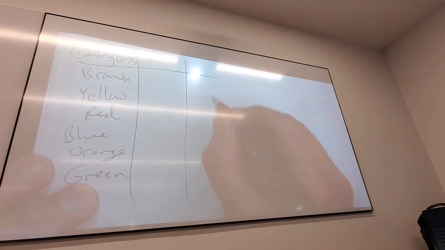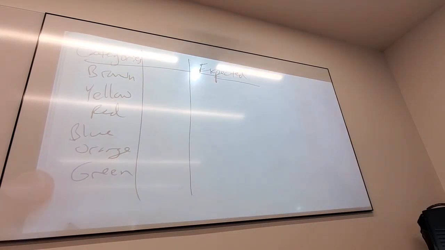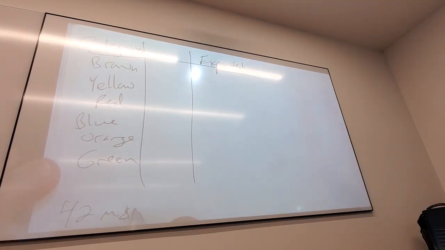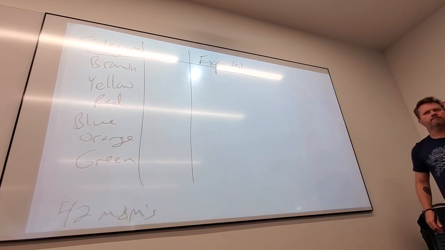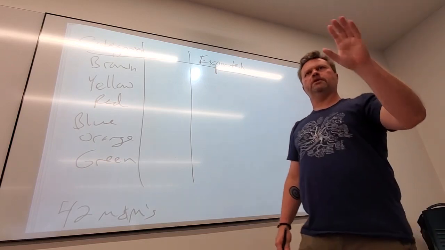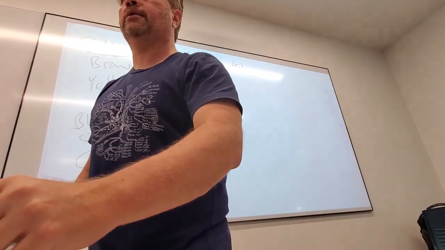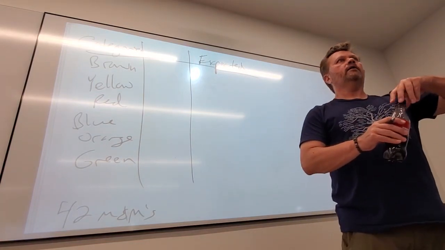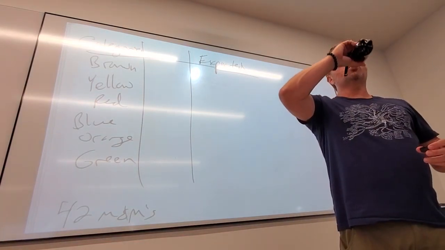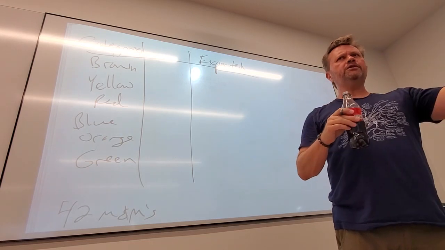Let's see, leave this one blank, and this is going to be my expected. So if I got a bag of 42 M&Ms, let's say we get 42 M&Ms, and I think they should be uniformly distributed. What would that mean? Every single color will have the same number of M&Ms. How many colors do I have up there? 6. 42 total M&Ms.